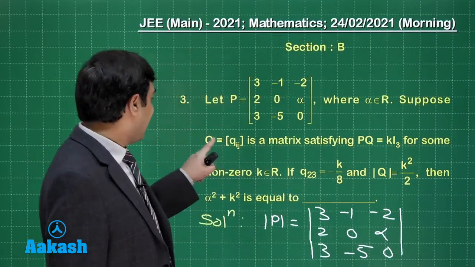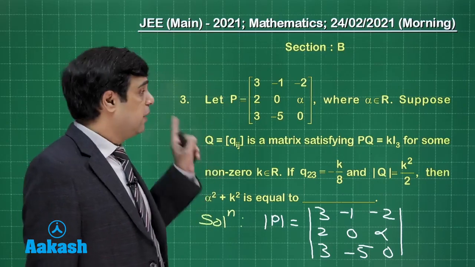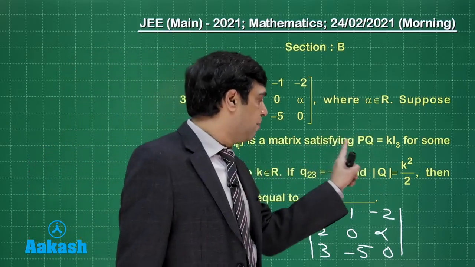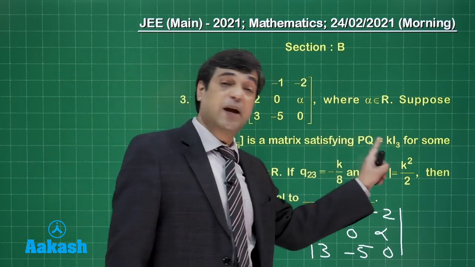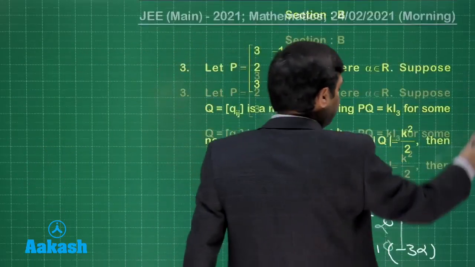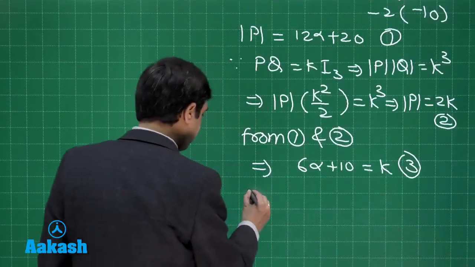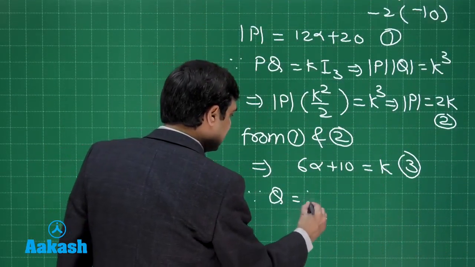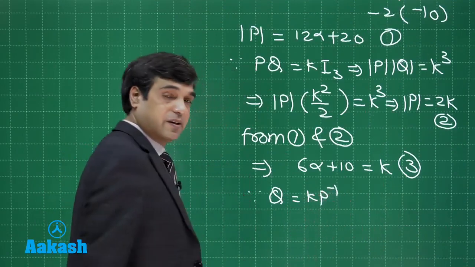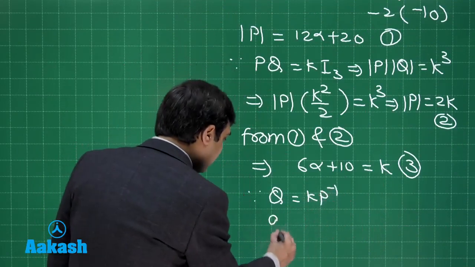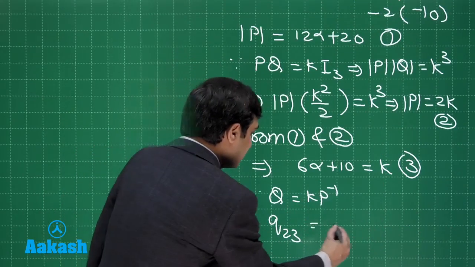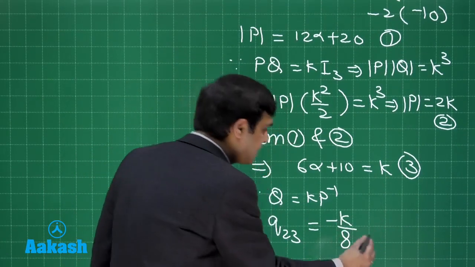Q23 is an element from matrix Q. Q can be obtained from here by multiplying by P inverse, since Q is kP inverse. So can we plan for Q23? This is given to me as minus k by 8.